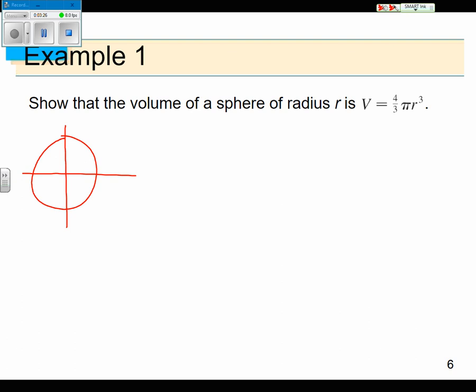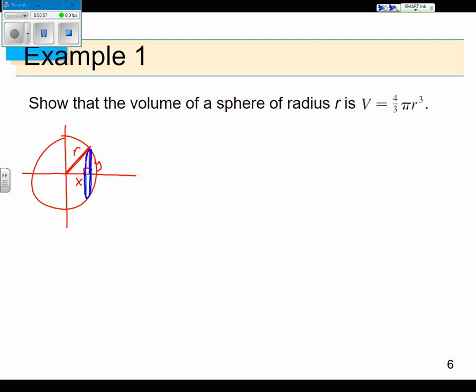But suppose this is a sphere right here with radius r, and then I have x and y happening right here. Now, if I was to take the end of this triangle right here, and then just start spinning it around the axis, what I would get is this disc-shaped cross-sectional area.